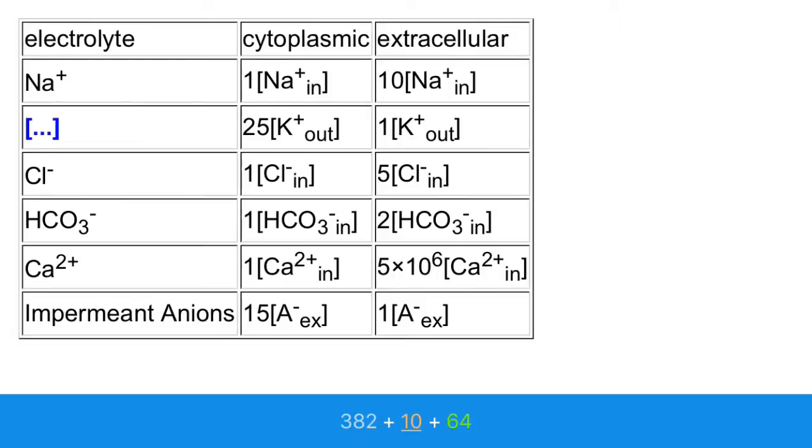All right, so the next one on this list is potassium. When I use code to generate one of these cards from a tab separated list of values, I'll have electrolyte, tab, cytoplasmic, tab, extracellular, new line, sodium, and so on.